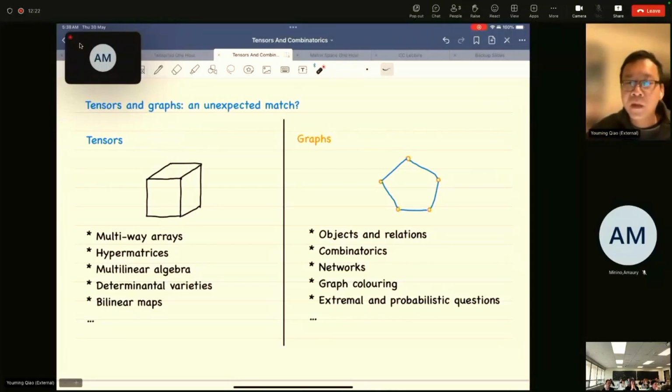If you look at a modern graph textbook, you will see that many questions about graphs are of this flavor, namely extremal or probabilistic questions. So those are some of the items you will think about when we talk about these objects. You may find it interesting that there are some very interesting connections between these 2 types of objects.